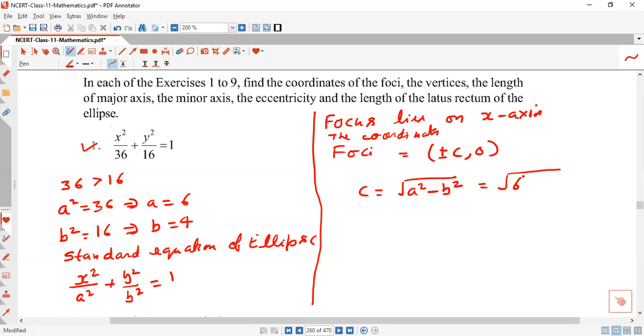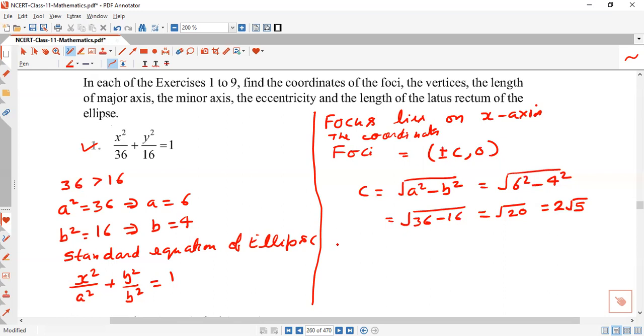6 square minus 4 square will be 36 minus 16, or you can say root 20. Obviously, this root 20 can be written as 4 into 5, 20, so 2 root 5.